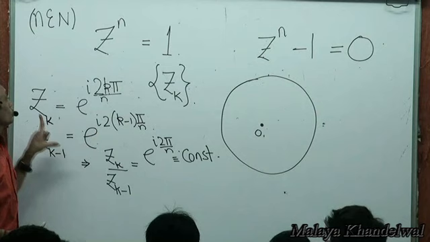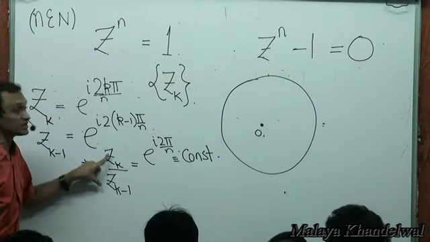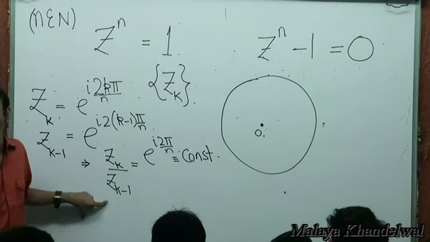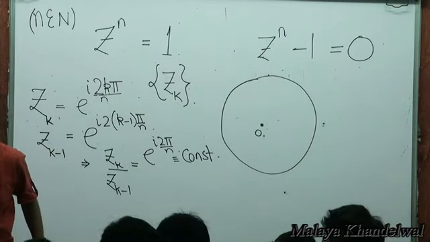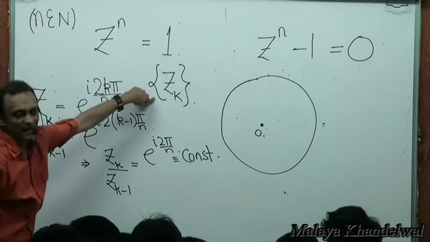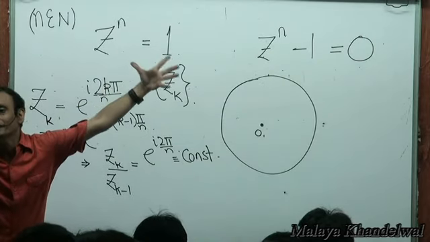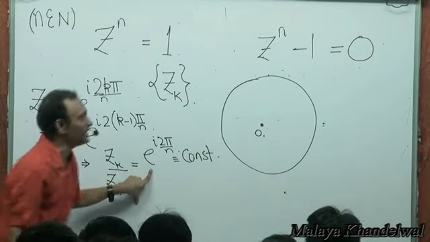That means z1 by z0 must be the same as z2 by z1, must be the same as z3 by z2, must be the same as z4 by z3. Therefore, these zk's must constitute a geometric progression. These zk's, the various n roots of unity, are in GP, whose common ratio is e power i 2 pi by n. Yes or no?